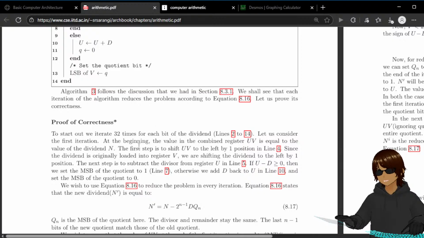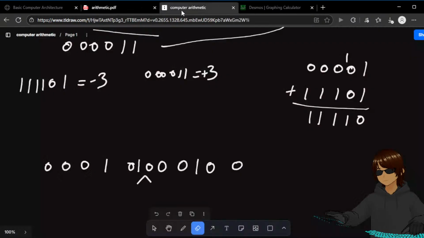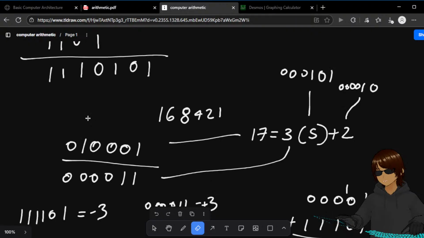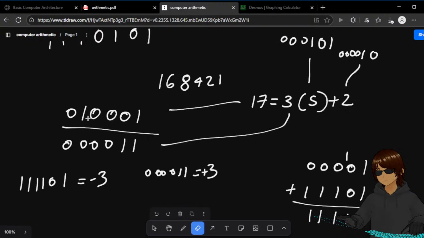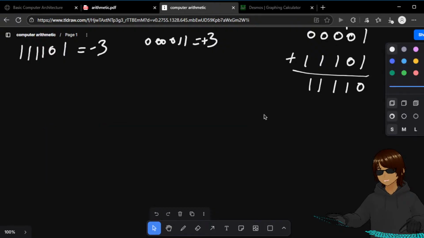Let us consider the first iteration of the value. At the beginning, the value of the combined register UV is equal to the dividend N. First step is to shift UV by 1 position, line 4. I don't know where I'm making a mistake.